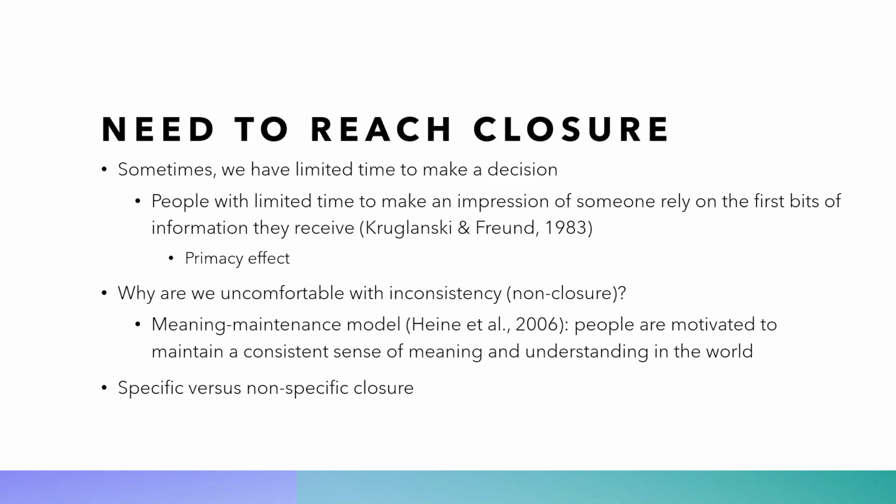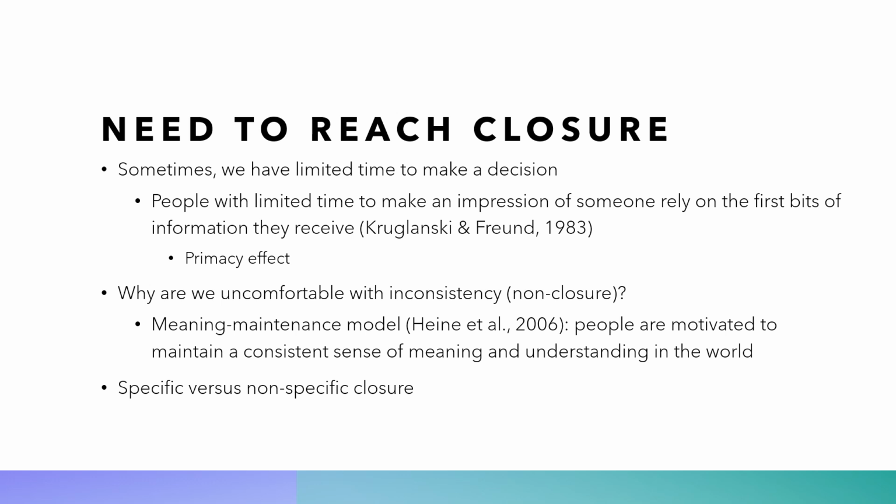So our next epistemic motive is the need to reach closure. As I mentioned on the prior slide, the need for accuracy really requires a lot of time. If you really don't have enough time or even resources to make a decision, you may be more motivated just to reach some sense of closure.